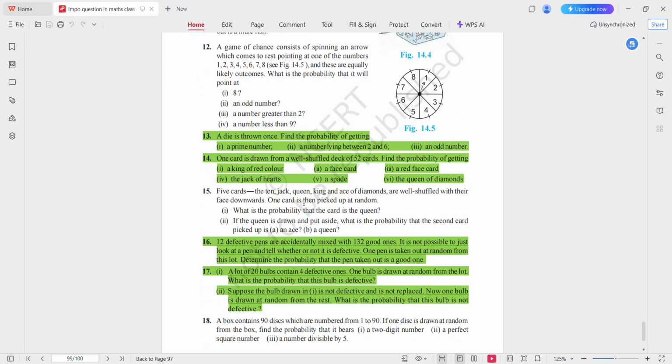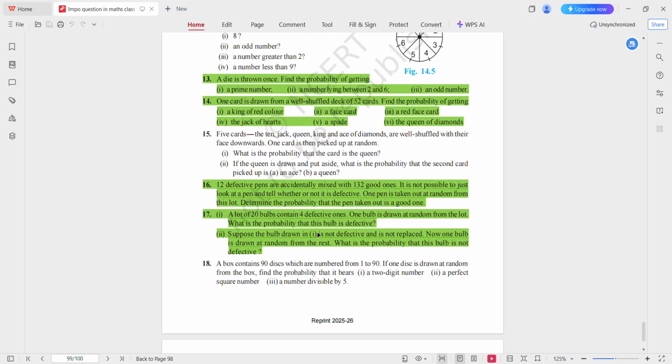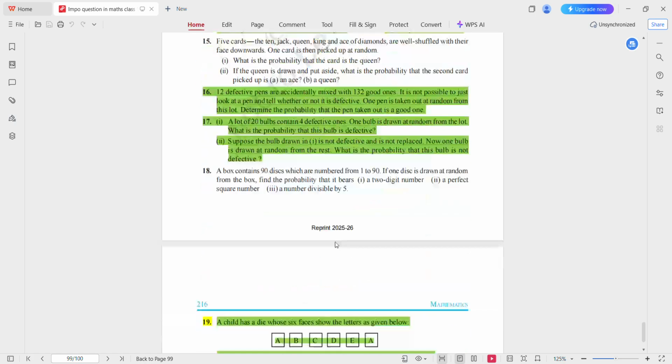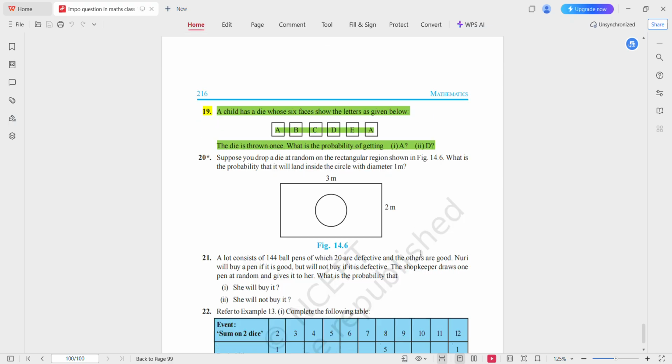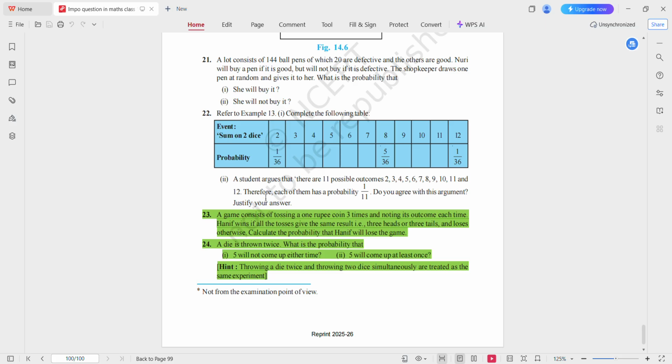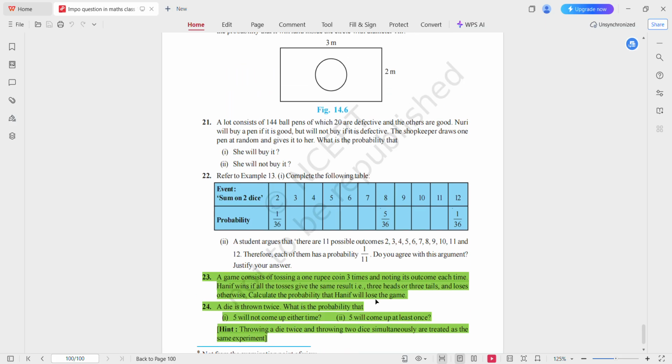In the exercise, 13th question is important, 14th question is important, 16th question, 17th question is very important. 19th question is very much important. You can see this die was showing A twice. You should consider that while showing the probability. 23rd and 24th questions were important.